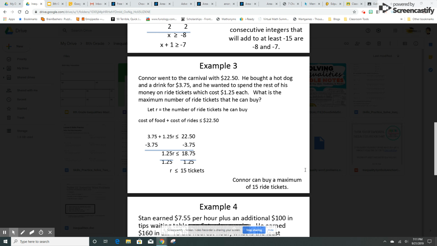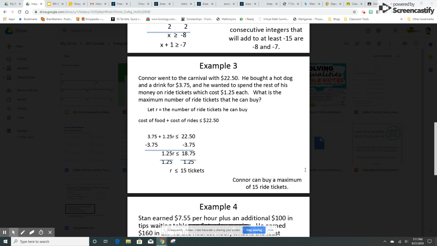So at the very most, he has $22.50. So all of our stuff, our food and our rides, is going to have to be less than or equal to $22.50. So our question is, how many rides can he go on, or how many ride tickets can he purchase?